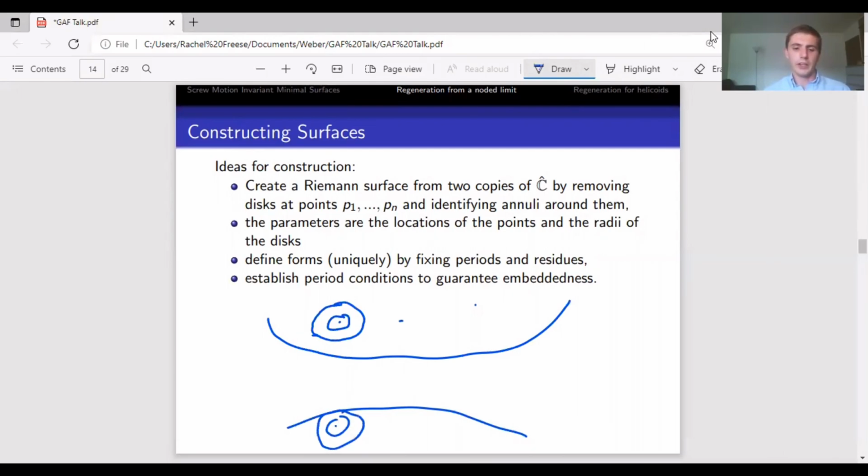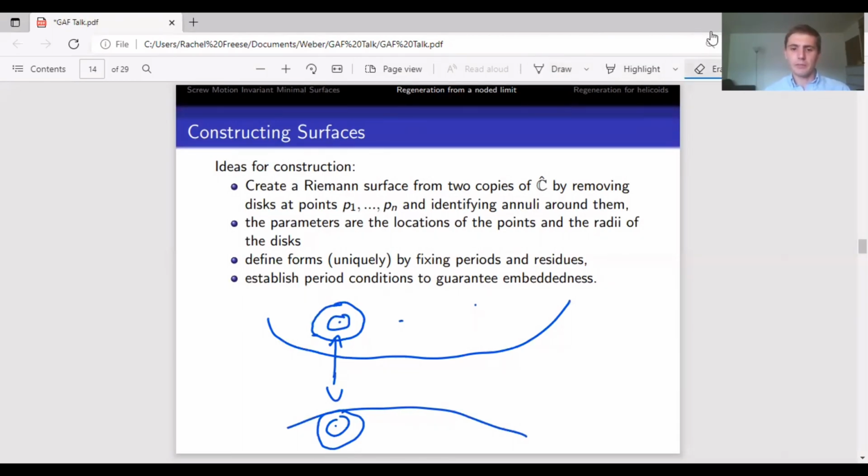Basically, we're going to identify this annulus with this annulus. Okay, so let's think about why that gives us catenoids, or something like catenoids, right?